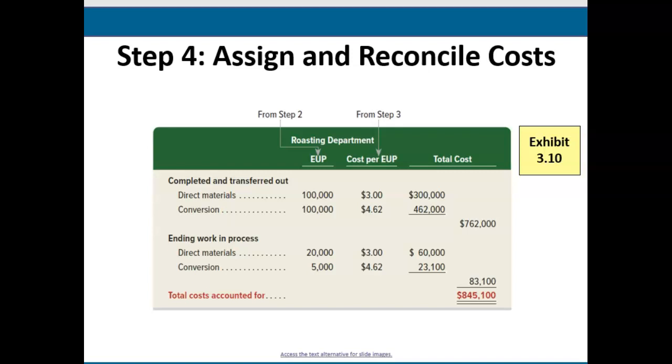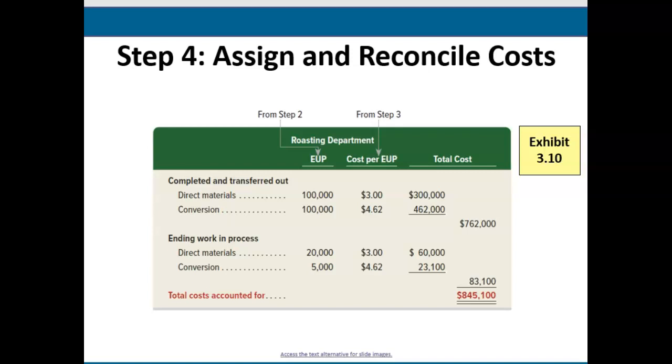Thus, we assign $300,000, which is 100,000 EUP times $3 per EUP, of direct materials costs to those units, and $462,000, which is 100,000 EUP times $4.62 per EUP, of conversion to those units.